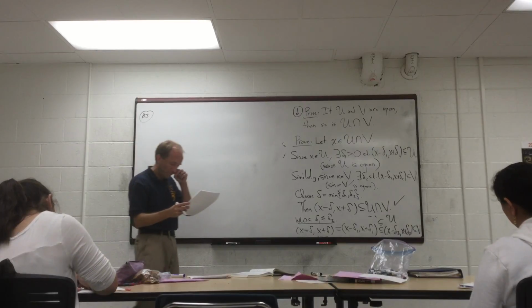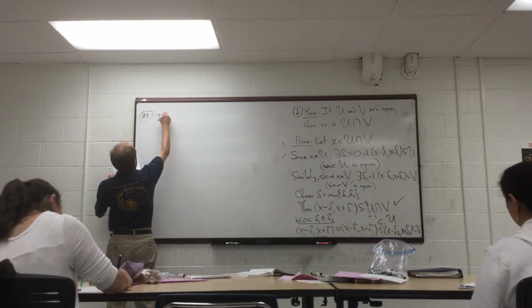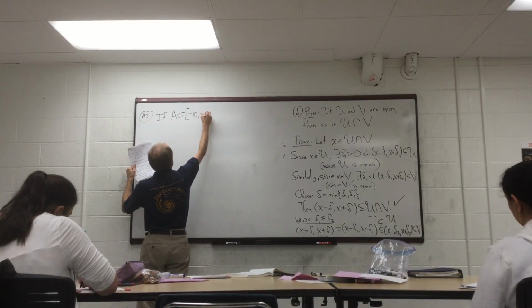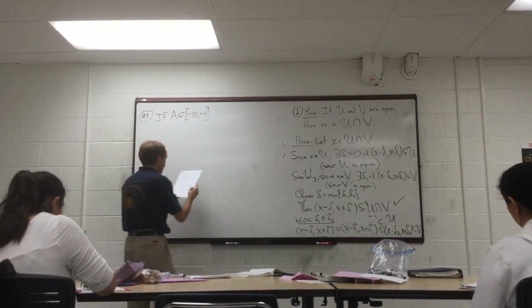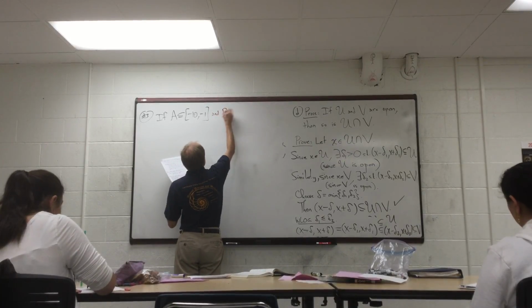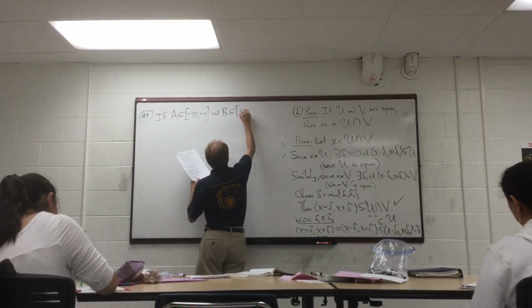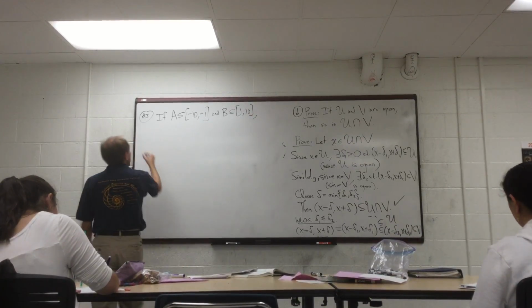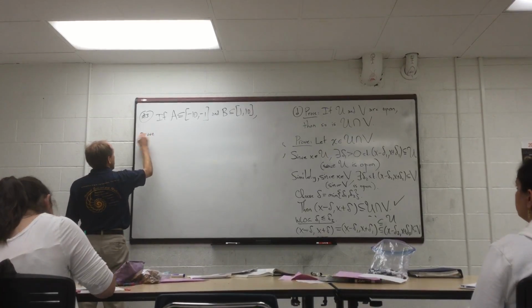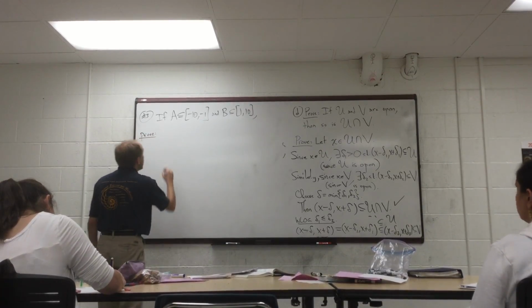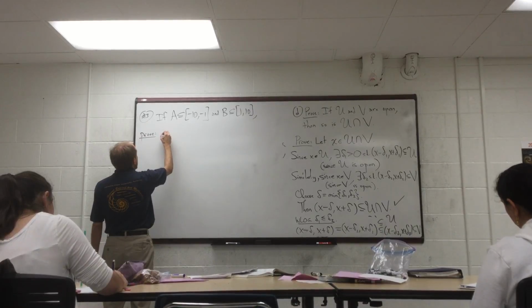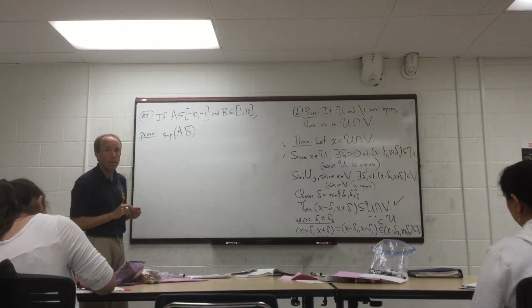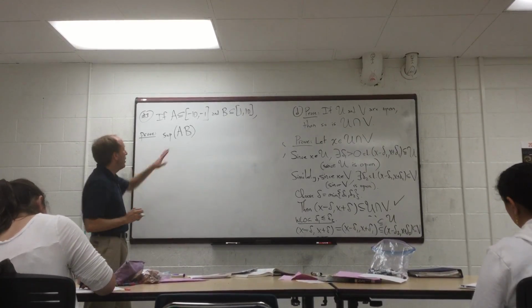Number 3. Assume that A is a subset of the interval from -10 to -1, and B is a subset of the interval from 1 to 10. Prove that the supremum of the set A times B. I'll have to define what that means in a second.